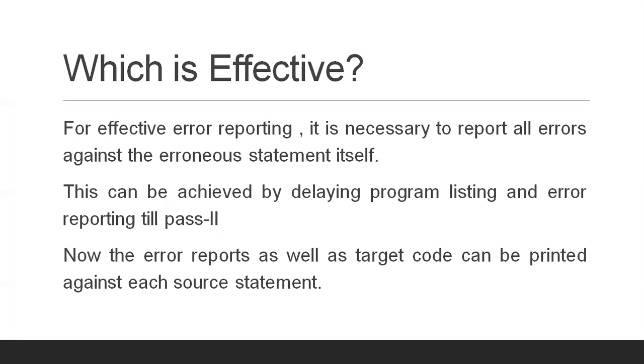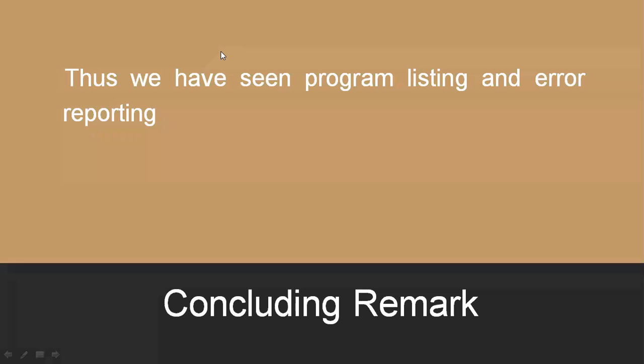This can be achieved by delaying the program listing and error reporting till pass 2. Whenever we delay error reporting till pass 2, we can give the error exactly after the erroneous statement. Now the error reports as well as target code can be printed against each source statement.